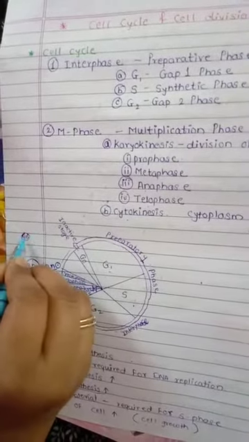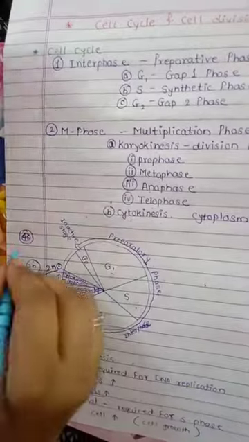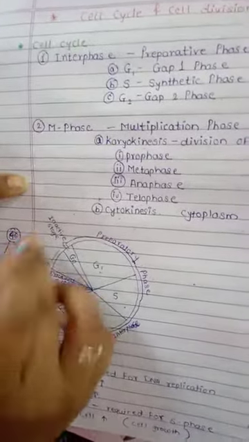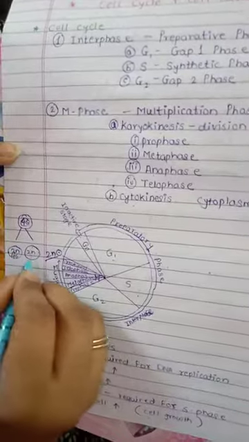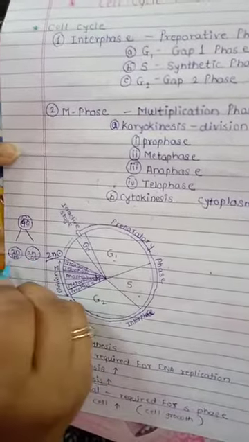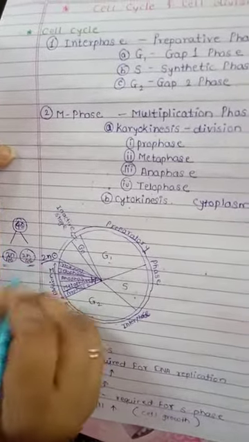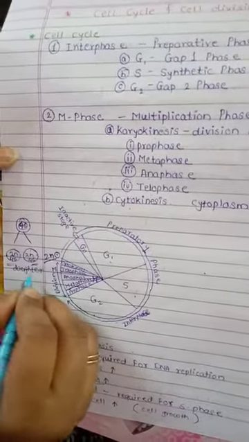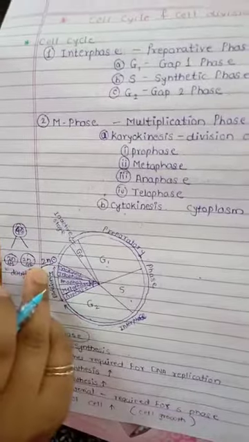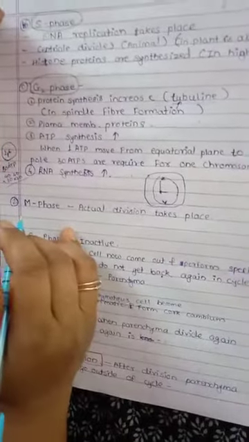Here there are 46 chromosomes in one cell, so these are parental chromosomes, and they are divided into 46 and 46. These are the 2n daughter cells. So this 46 and this 46 into 30 and 30 ATPs are required for synthesis.